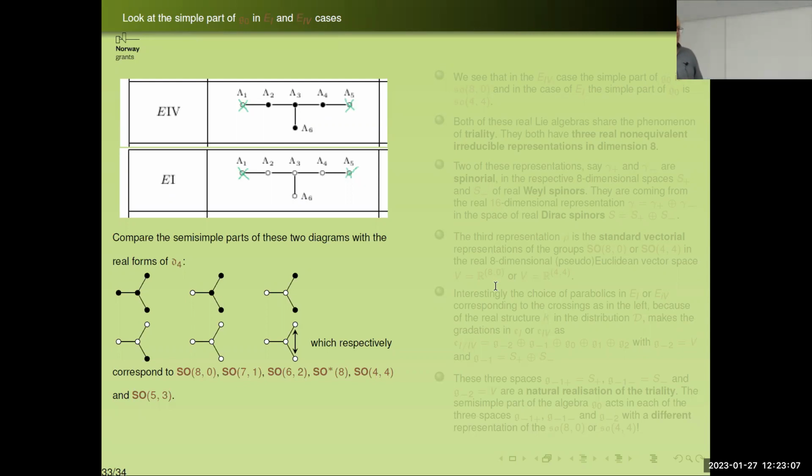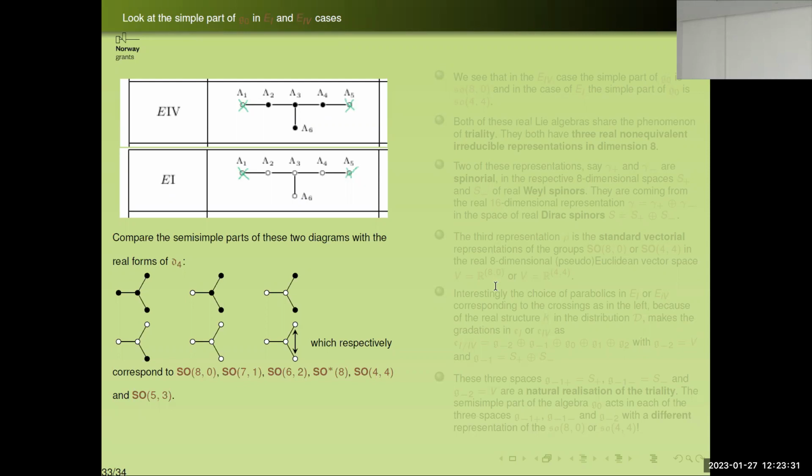And this Z3 symmetry, Cartan was very interested in this, because although perhaps Cartan didn't know about Dynkin diagrams, this Z3 symmetry of the Dynkin diagram must mean something. And it means something very peculiar about representations of the group SO8 and the group SO44.